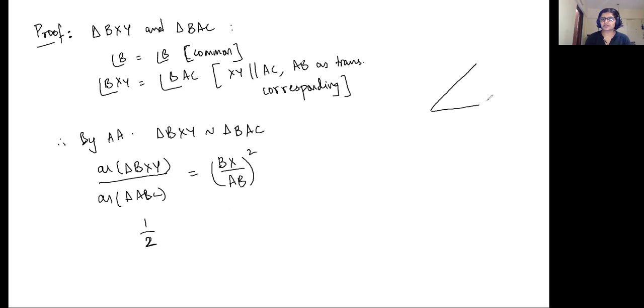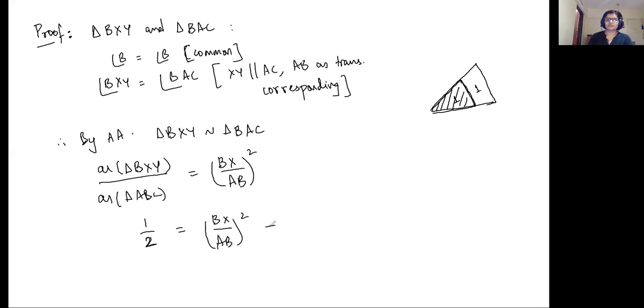You will understand better. Roughly I'm drawing, don't mind. Now, if this part is equal to the unshaded part, this is one part, this is one part, a 1:1 ratio, equal areas. So the shaded part will be half of the total because they are equal. So that's why this ratio, half, is equal to BX upon AB the whole square.